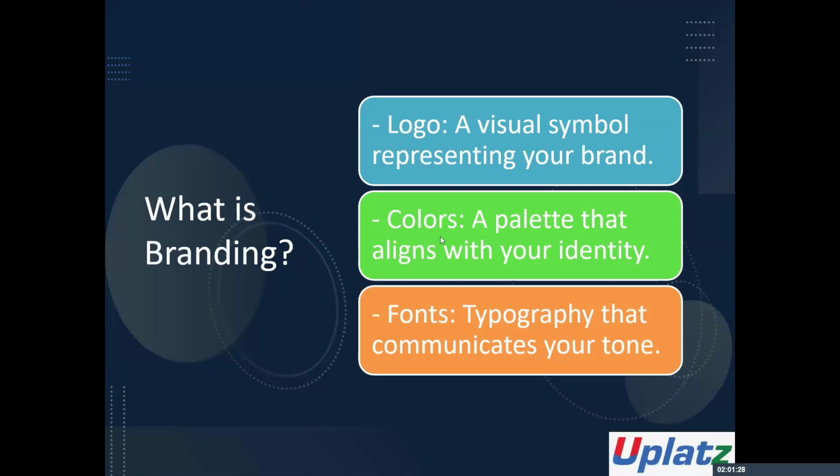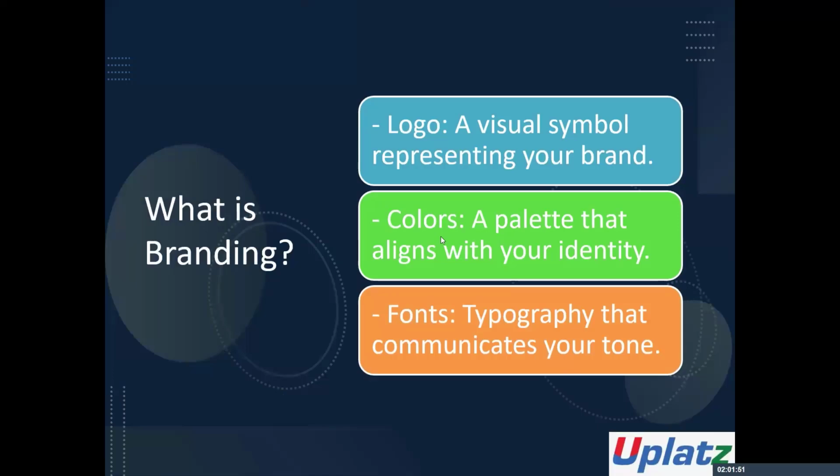What is branding? We have logo, colors, and fonts, which are the most important elements used for branding. Color can be a palette that aligns with your identity. Logo is a visual symbol representing our brand.